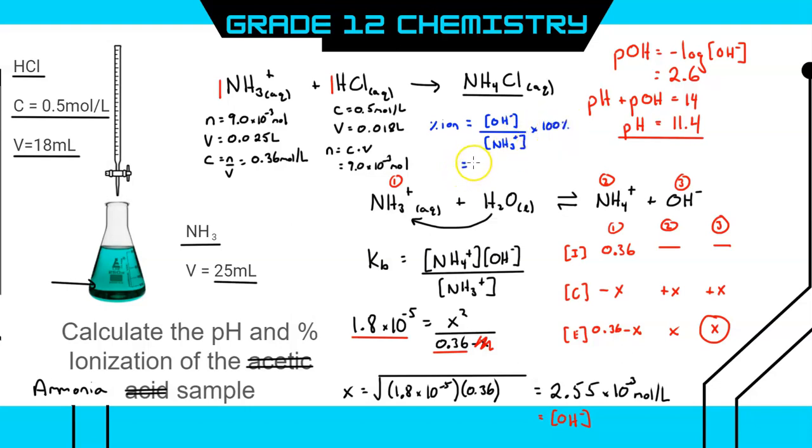So we have 2.55 times 10 to the minus 3 divided by 0.36 times 100%, and we get our percent ionization to be 0.71%.